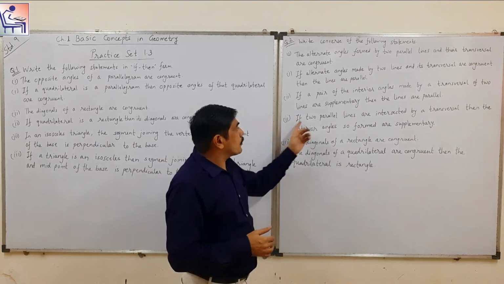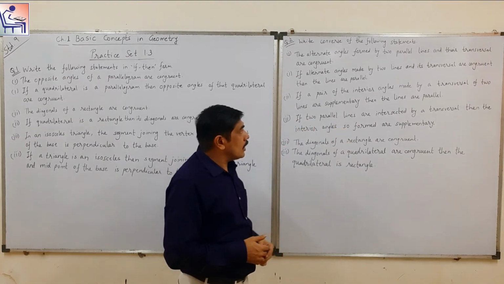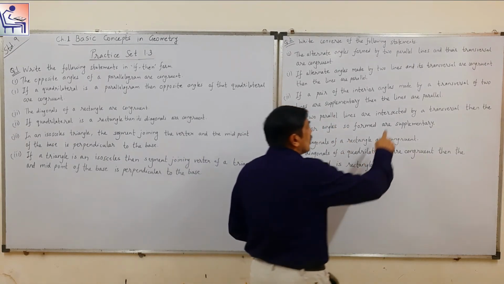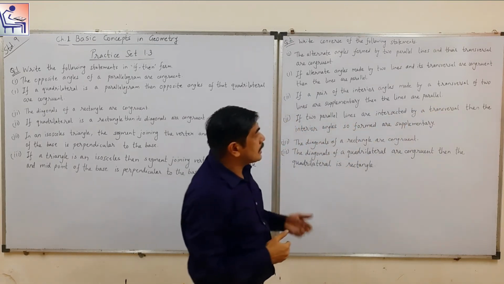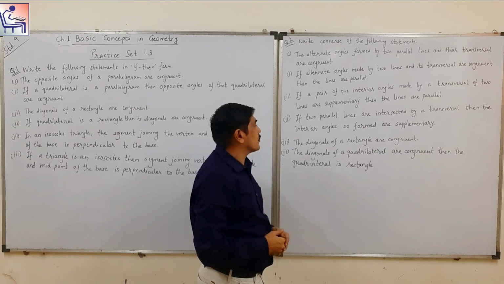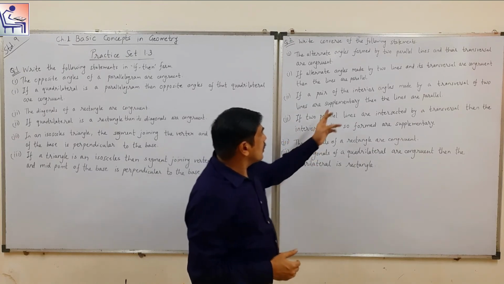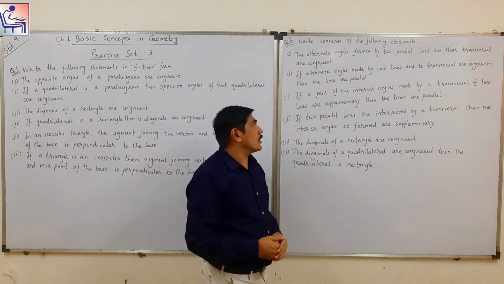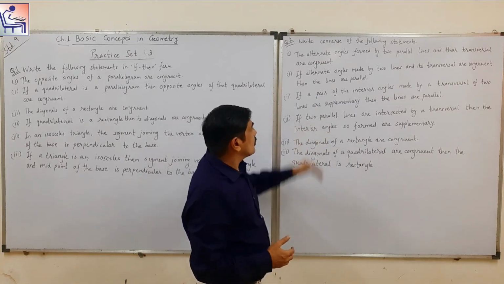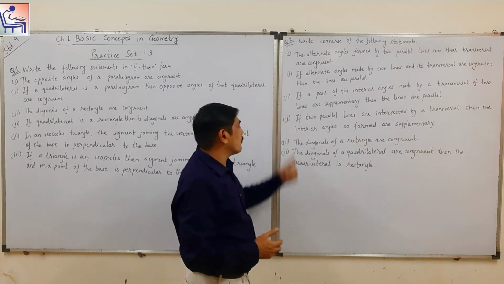So here, if two parallel lines are intersected by a transversal, then the interior angles so formed are supplementary. So here we have converted the converse statement of question number 2.